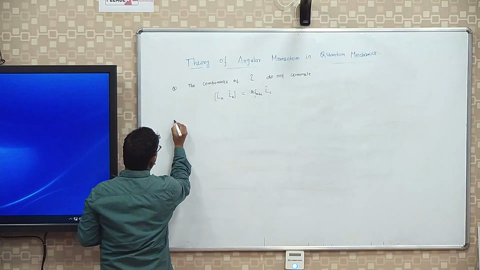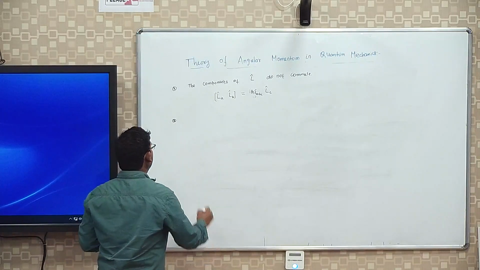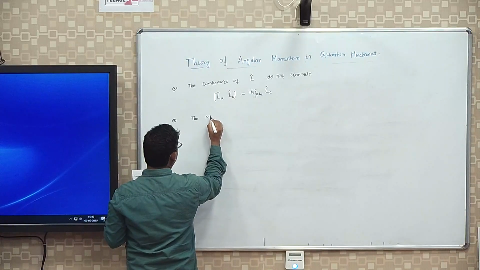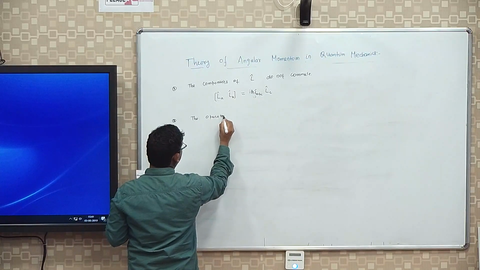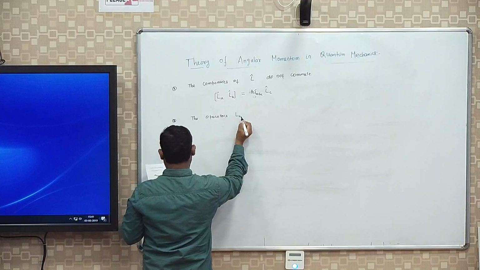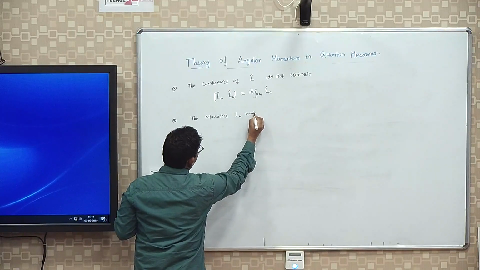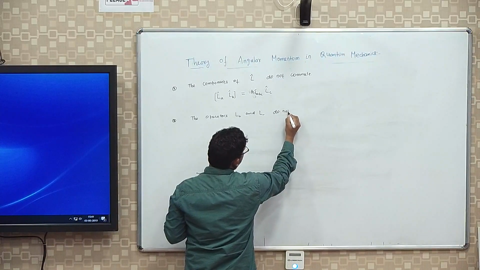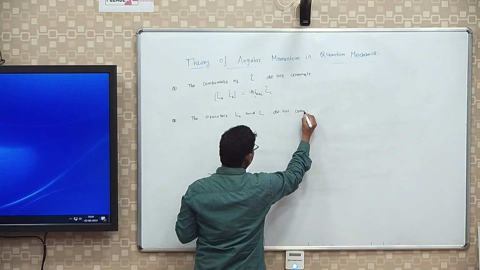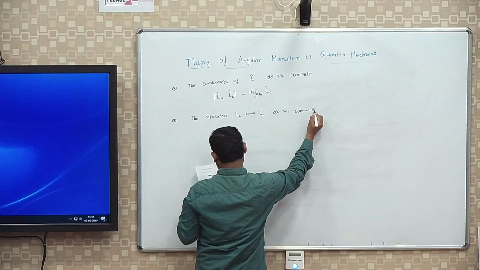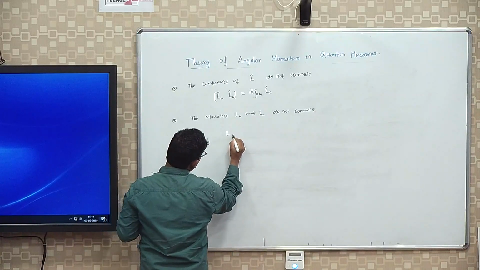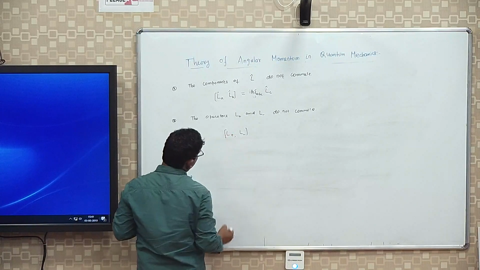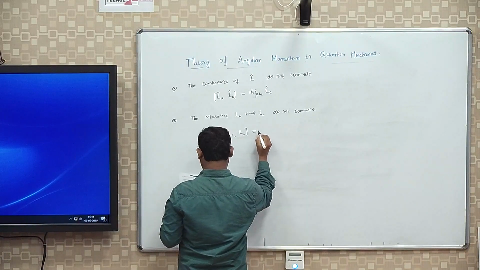And second, the raising operator L plus and the lowering operator L minus do not commute. That means L plus and L minus cannot be measured simultaneously.